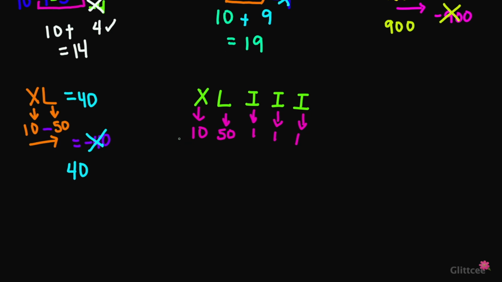And based on these numbers, the small to big takes place right here. All right, so I know I am subtracting here. So this is going to be a negative 40, but we're not using negative numbers. So I'm going to cross this out, but I will use a 40. So this will be 40 plus 1 plus 1 plus 1. And this is going to be 43. Okay, so this equals 43.